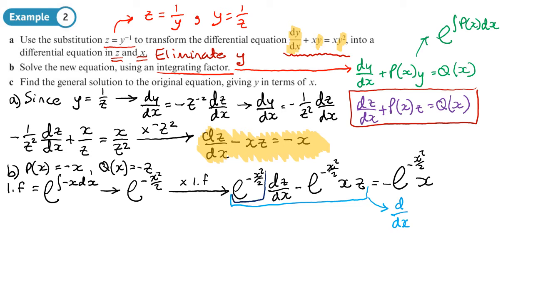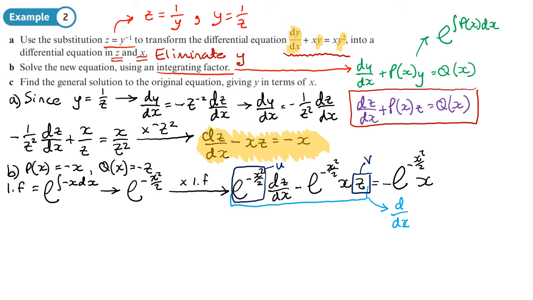This part here is the u part, the thing that's next to the dy dx or dz dx. And this part here is always the v part of the product, the bit that's next to the x term.